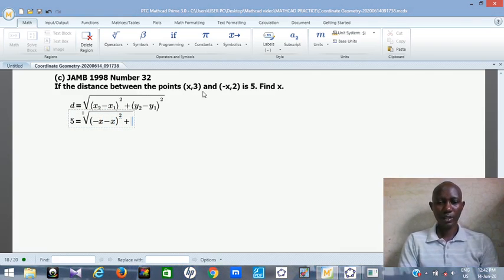Then plus, open bracket again, then y2, which is 2 minus 3, then raised to power 2. So that is that.